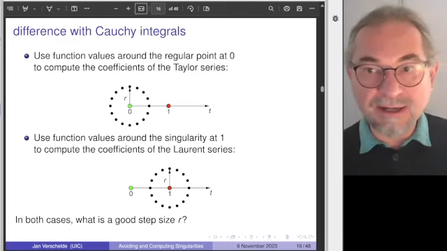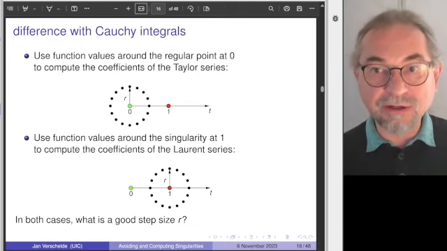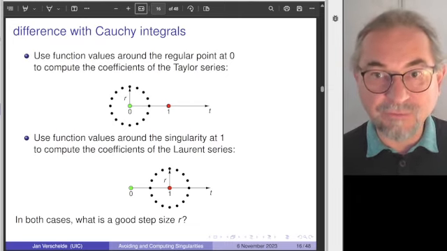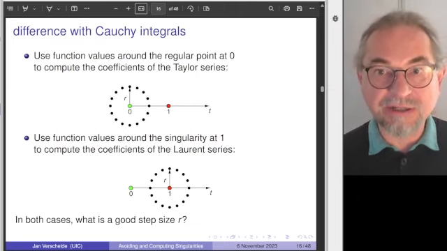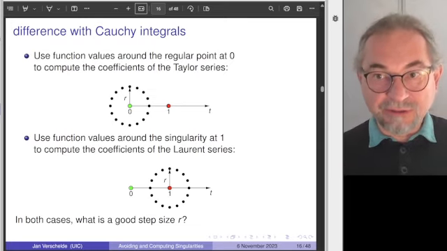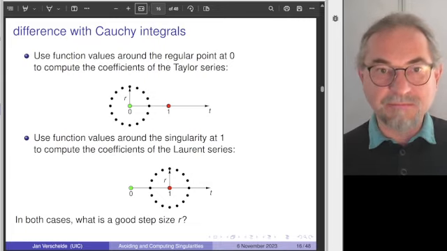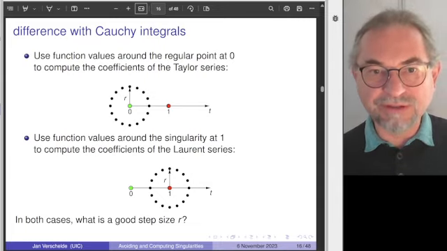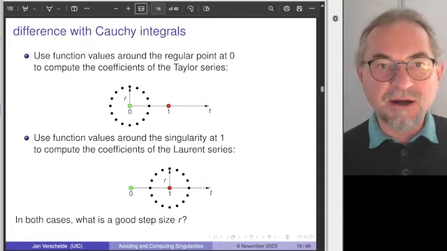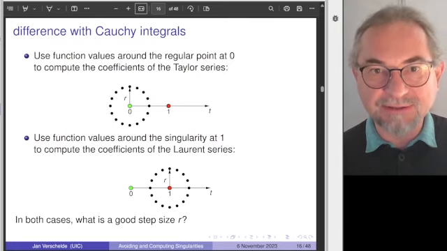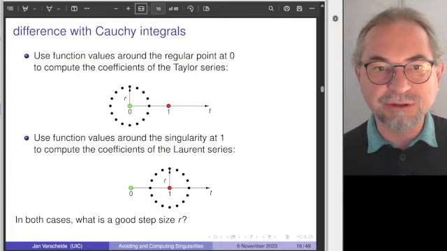In analytic continuation, or in numerical analytic continuation, one uses Fourier series. One can compute the coefficients of the series by Fourier type methods. So I will not do this because of the step size. With this slide here, I want to point at the difference with Cauchy integrals.